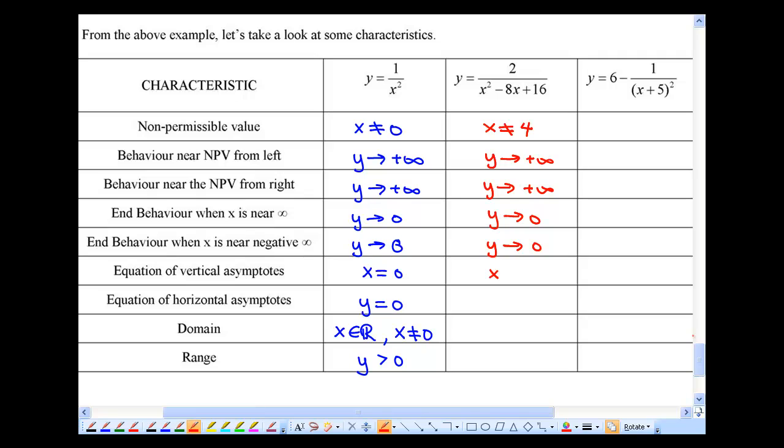Yes, you'll see many things are the same except the vertical asymptote has changed. So of course your domain also changes, but nothing else changes.